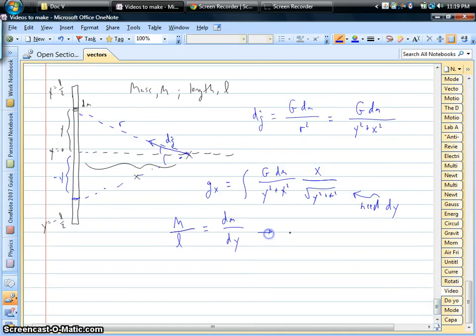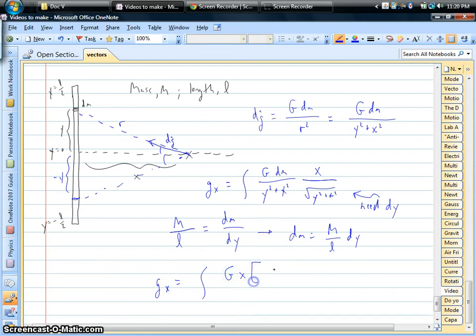Okay, so by doing this, I really can write mass in terms of a distance, using this ratio. And so what this integral turns out to look like once we make the substitution, we have g times x.